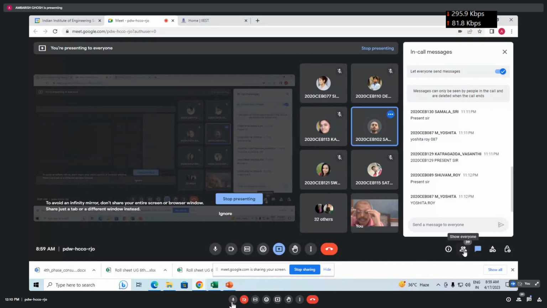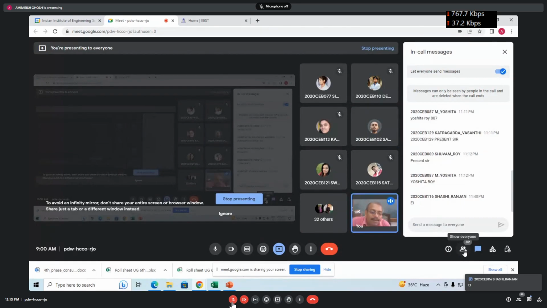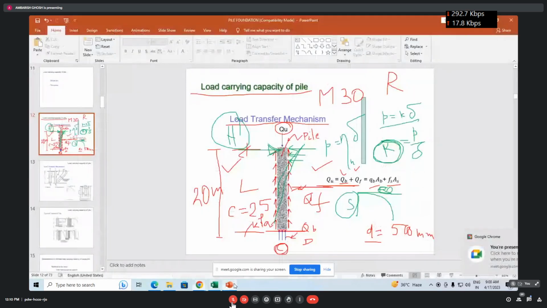Sir, what is the value of EI? EI is the Young modulus of the pile material times the moment of inertia. Diameter I have given 600 mm. Diameter is how much given? 500 mm, sir.